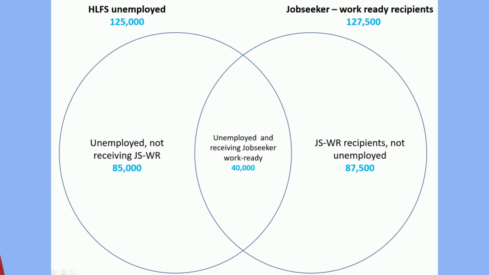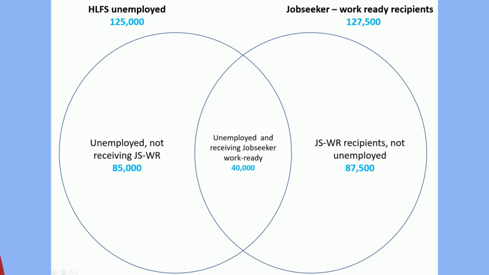We have a whole lot of people not employed receiving that payment and a whole lot of people employed not receiving it. Within that context, the dynamics of the two can be quite different, and the conditions match whatever has been imposed on work testing and the such at the moment. So looking at the unemployment rate and looking at these work-ready numbers can tell us very different stories about what's actually going on.